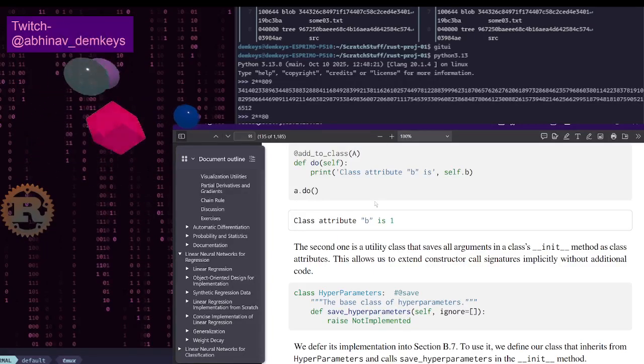DataModule handles the inputs, wrapping your training and validation datasets into clean batches. And Trainer handles the how, that is the actual loops that feed the data into the module, calculate gradients, and update the weights.